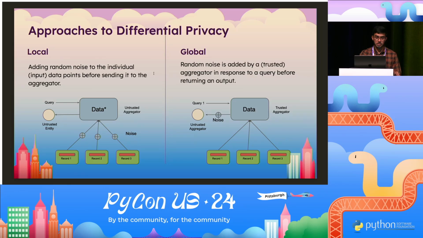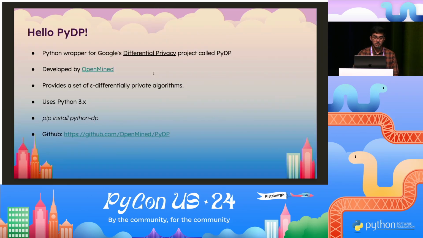Now, I'm going to skip this slide for now, but we can come back to this later. So now we have a baseline understanding of what differential privacy aims to do. This was during, I recently graduated, and during one of my projects with my professor, I stumbled upon PyDP.